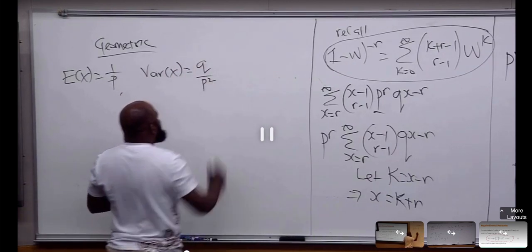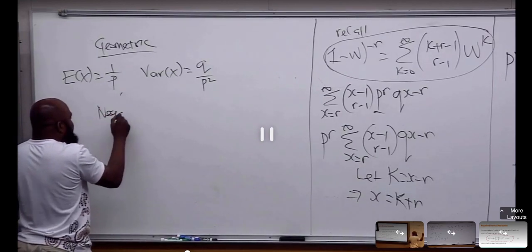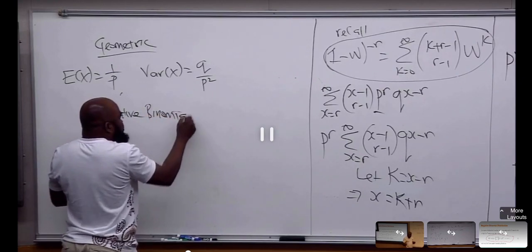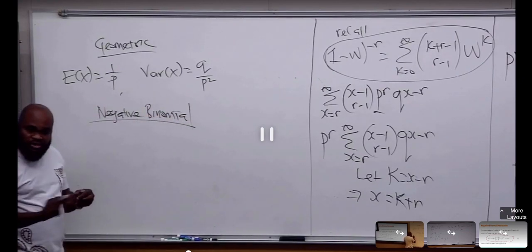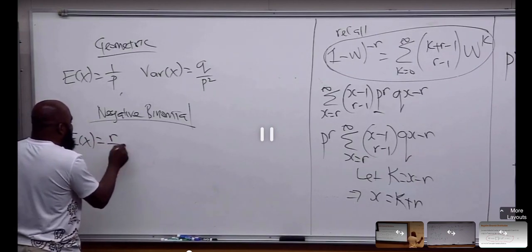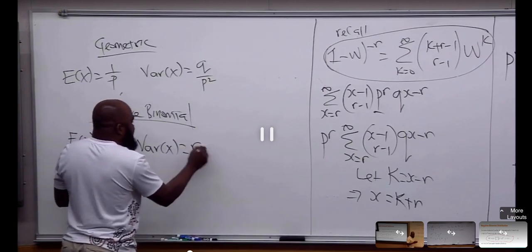For negative binomial, for this version, because there are different kinds of negative binomial, the expected value of S is r over p, and the variance of S is r q over p squared.